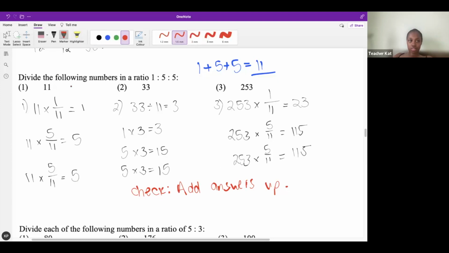That is correct. 15 plus 15 is 30. Plus 3 is 33, which is what we had in the first place. 115 plus 115 is 230 plus 23. That's 253. And that adds up. So if you're not sure if the calculation you did was correct, just go back and add them. And if it doesn't add up to your original number, then you know that you did something wrong.